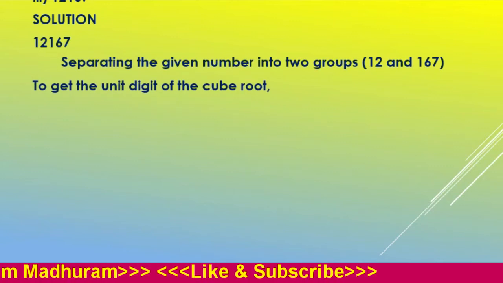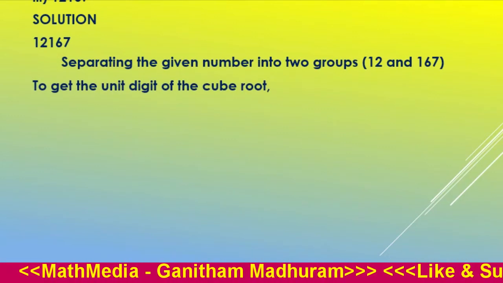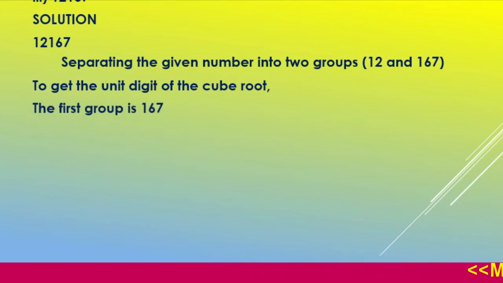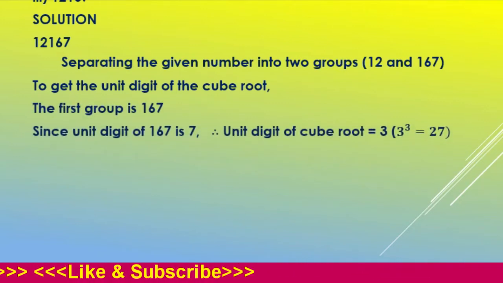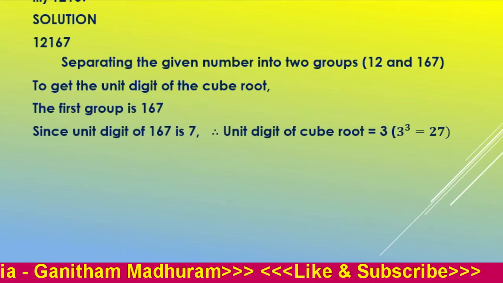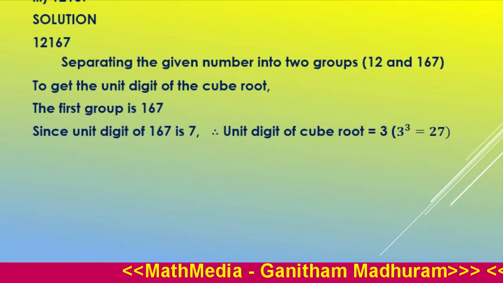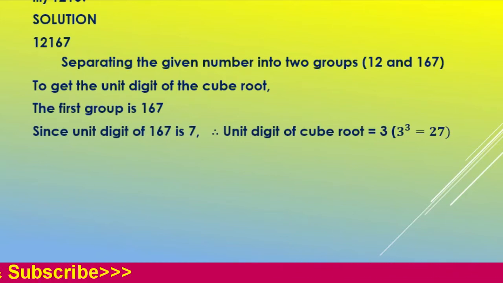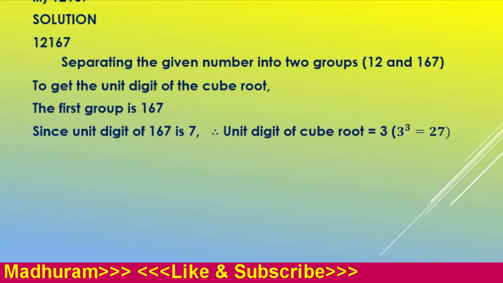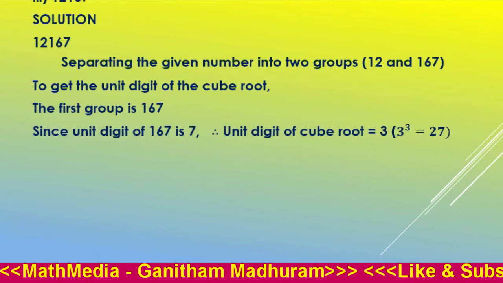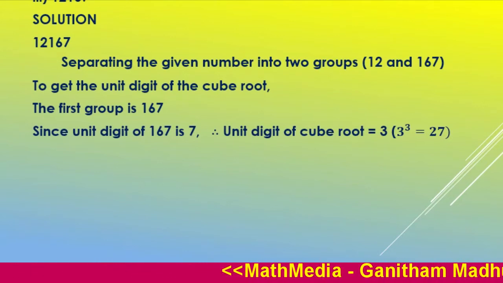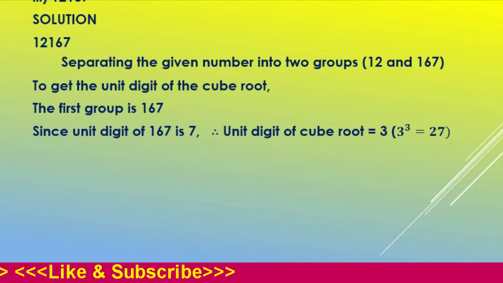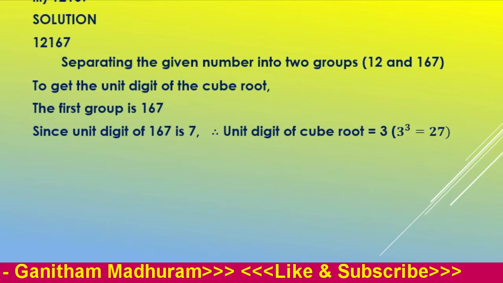Here the unit digit ends with 7, hence the cube root of the given number will end with 3. Is it clear? The first group is 167, which has the unit place digit as 7, hence the unit digit of the cube root will be 3.